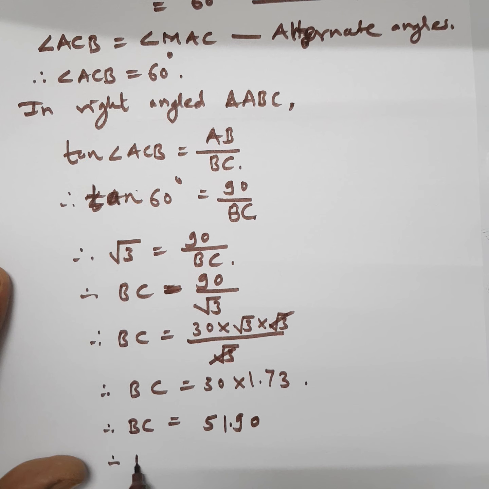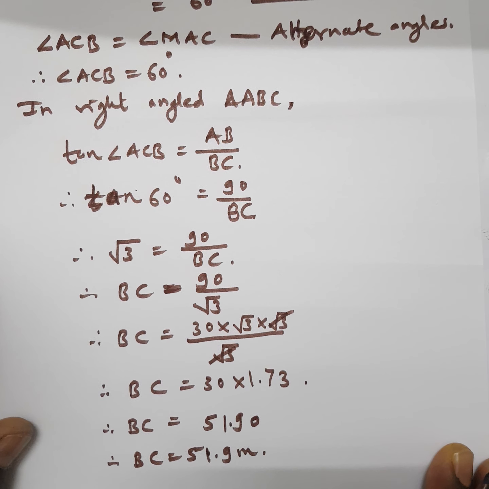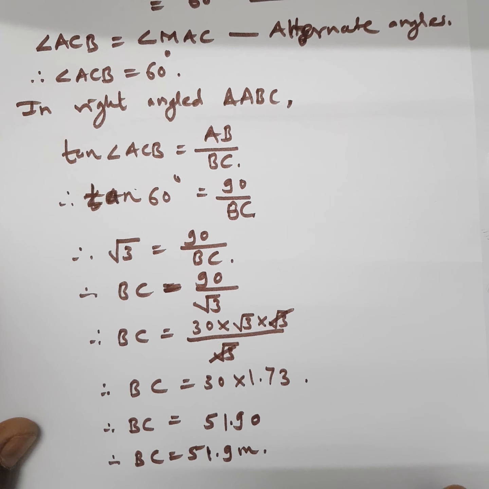Therefore, BC is equal to 51.9 meter, and BC is the distance of the ship from the lighthouse.